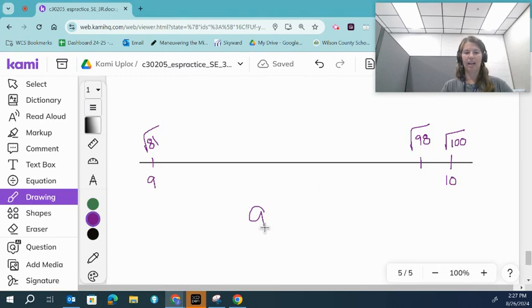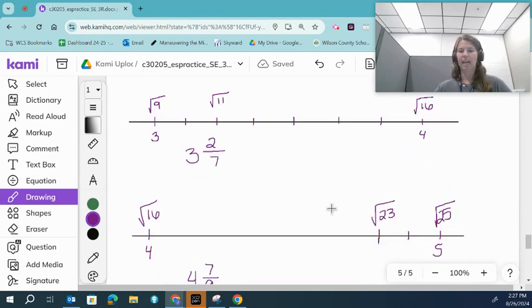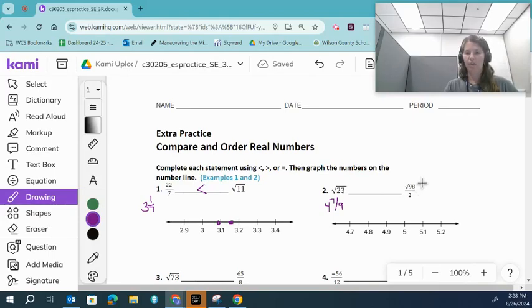So I have 9, and there are 19 spaces between the square root of 81 and the square root of 100. And 98 is 17 spaces over. So again, very close to that 10. For our purposes here, we figured out that this was 9 and 17 nineteenths. That is so close to 10.